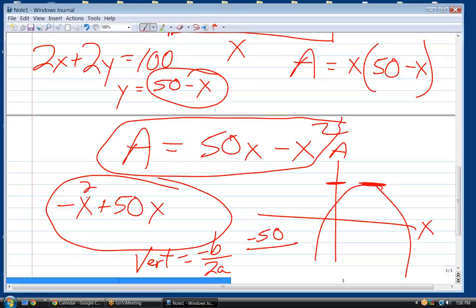It's not, b had nothing to do with x squared. It was the coefficient of x. Well, a is just the coefficient of x squared, so minus 1. So 2 times minus 1 is minus 2. So this number is equal to 25. So what that says is that when x equals 25, we will have our maximum area.